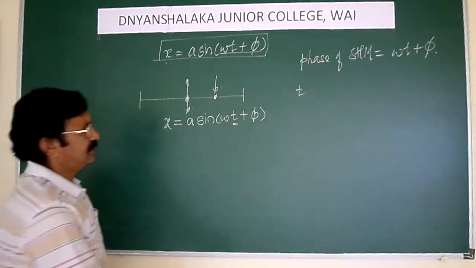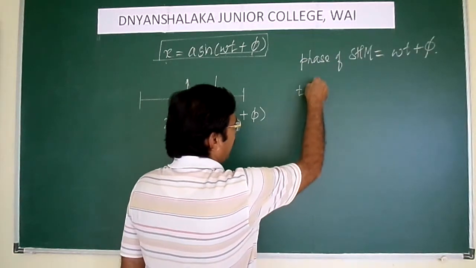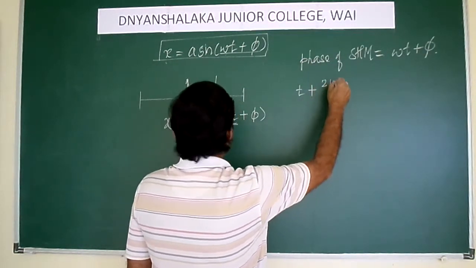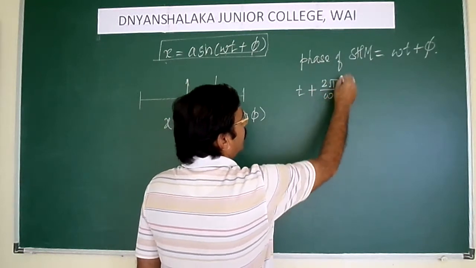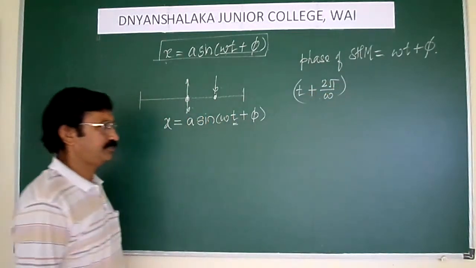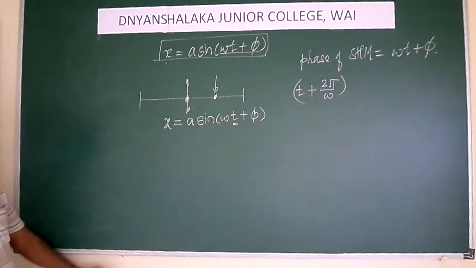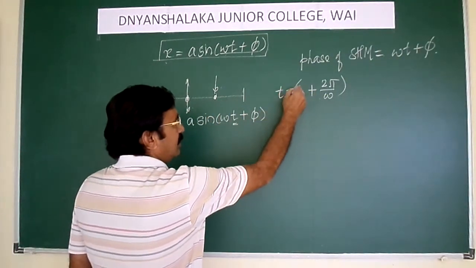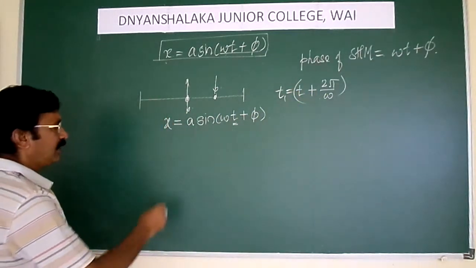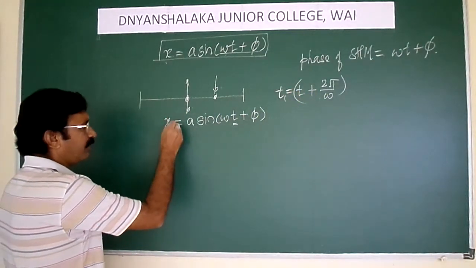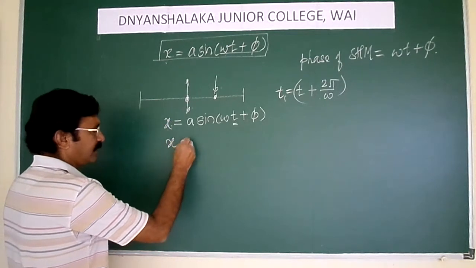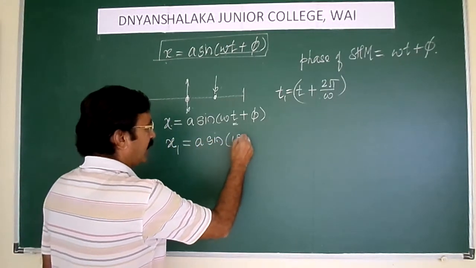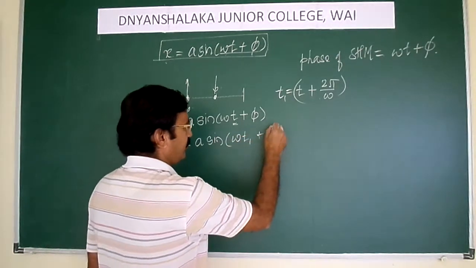Let us consider this increment as 2 pi upon omega. So, if this is T1, then what will be the value of the displacement? X1 will be A sine of omega T1 plus phi.